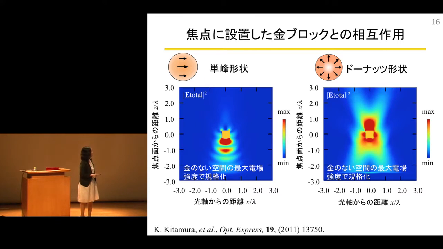It goes through the metal, and you see all the red colors here. And this means the light here is very intensified because the plasmon vibration on the surface of the metal induces this plasmon. And that's the property of the donut beam.